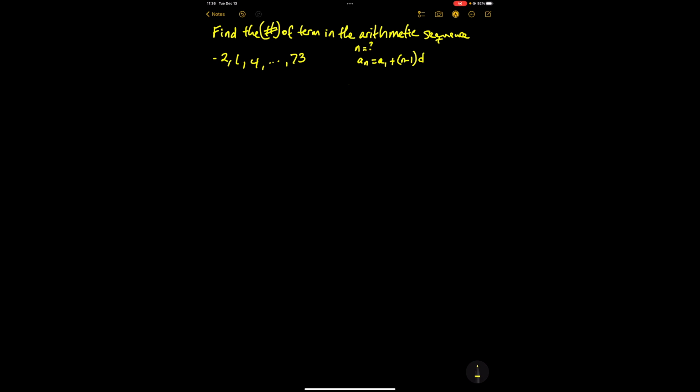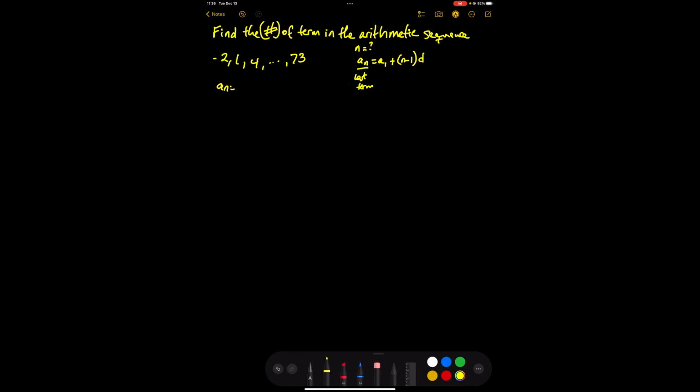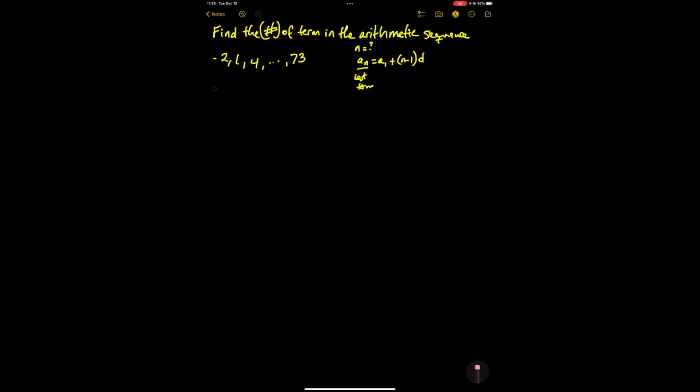So what is an? An is the last term. So an equals 73. That's the last term.